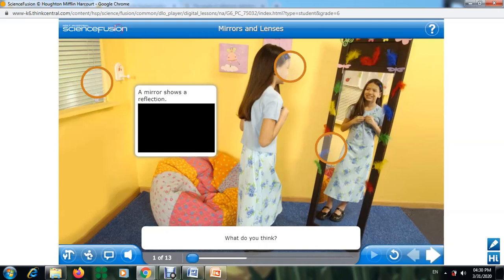Okay, so because of reflection, we can see our images in the mirror. Now I want to discuss with you how light rays are reflected when they hit a mirror or a smooth surface.